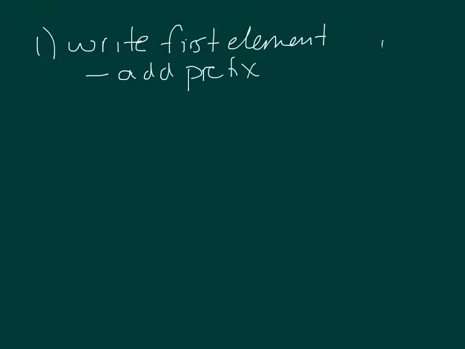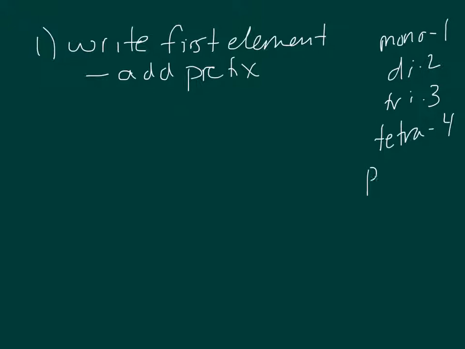So in this case, mono is 1, di 2, tri 3. What's 4? 4 is tetra. Penta is 5.